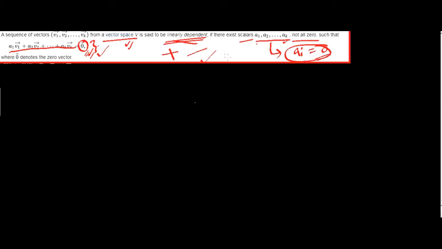Okay, so we'll take an example and see how to proceed to find these values. Let's say that we have two vectors here: v1 is equal to (1, 1), and v2 equals (-3, 2). We want to find whether these two vectors are linearly independent or not.